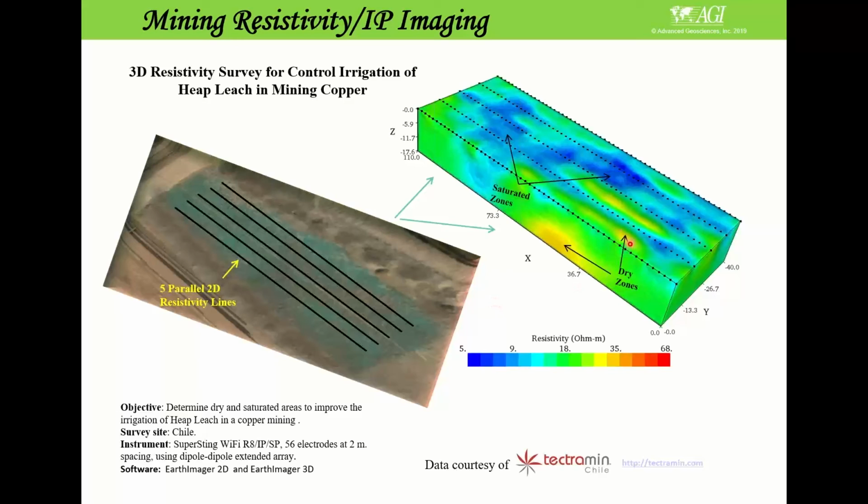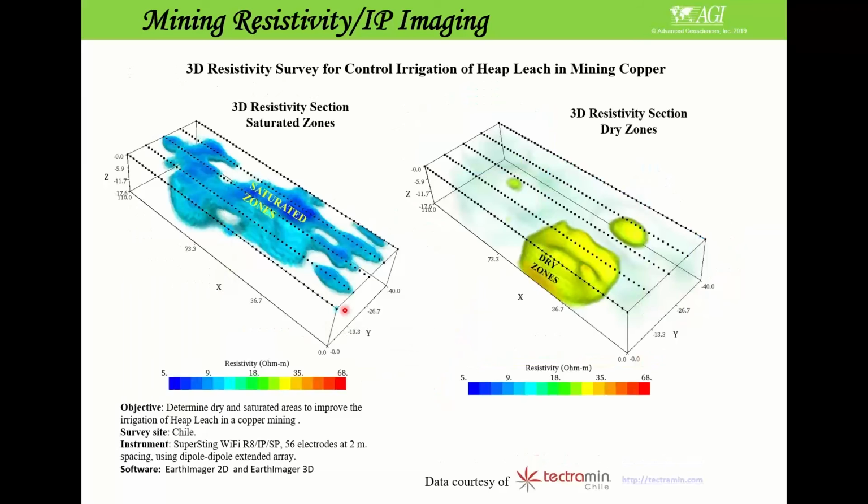So they need to maybe drill here, inject more liquid or acid, and get the mineralization from these dry zone areas. So this is a kind of control for your mining process, so it will help you during production in the heap leach mineralization areas.